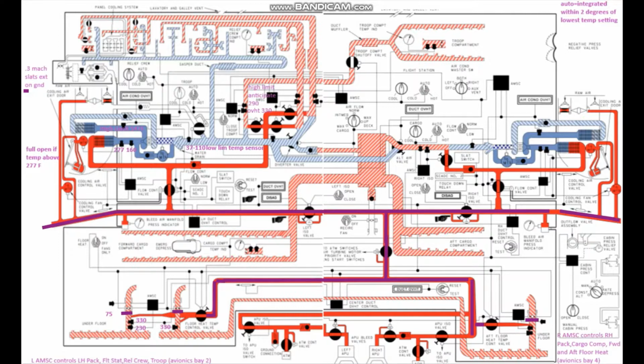There's some grates down there, and it'll bring in air from the cargo compartment down to the underfloor area. And what that ends up doing is, as it's sucking in air from the cargo compartment with the fans, our floor heat temp control valve will open or modulate to mix in with the air coming in from the cargo compartment, and it's trying to maintain a temperature of 75 degrees in the underfloor area.